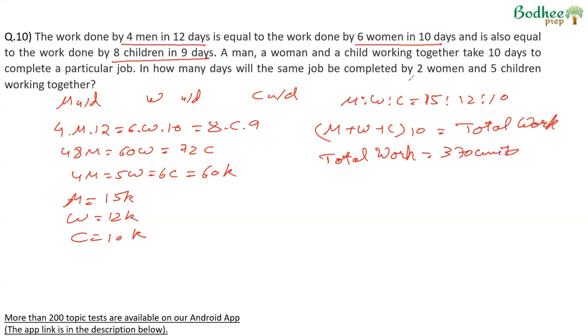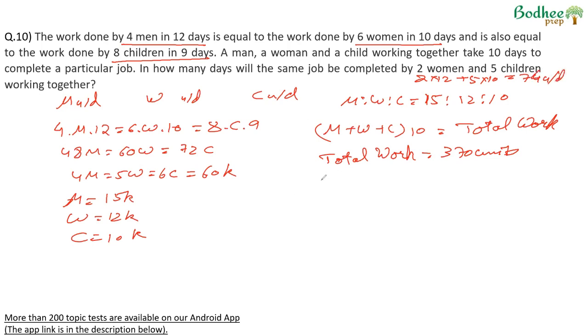This work is now to be done by 2 women, 5 children. 2 women means 2 into 12. 5 children means 5 into 10. So 50 and 24, 74 units per day is the work that is being done now.